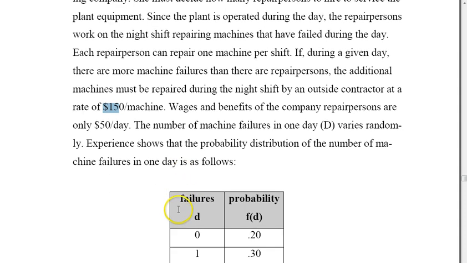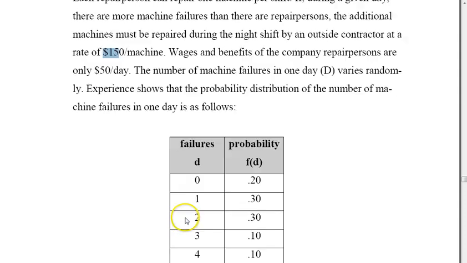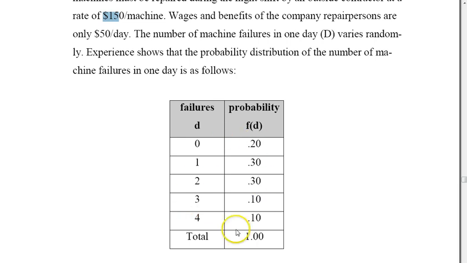From previous experience, we noticed that machines fail according to this probability distribution. Remember, anytime we have a source of randomness, we model that as a probability distribution. In this case, it's a discrete distribution. Past experience shows 20% of the time we had 0 failures, 30% 1 machine failure, 30% of the time 2 machine failures, 10% of the time 3 machine failures, and 10% of the time 4 machine failures.